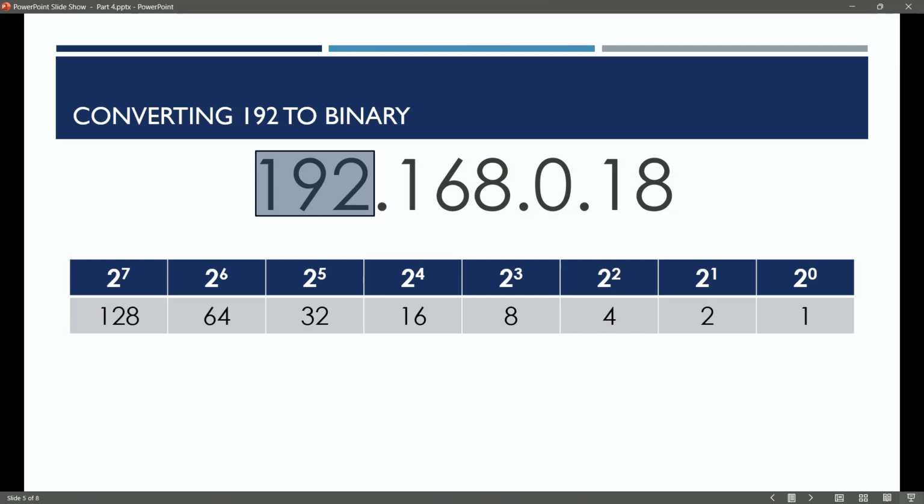Again, the first row, 2 to the 7th down to 2 to the 0, and then it's 1, 2, 4, 8, 16, 32, 64, 128 as we move our way back left. This is all I ever need. I repeat, it's all I ever need in front of me as I solve questions.